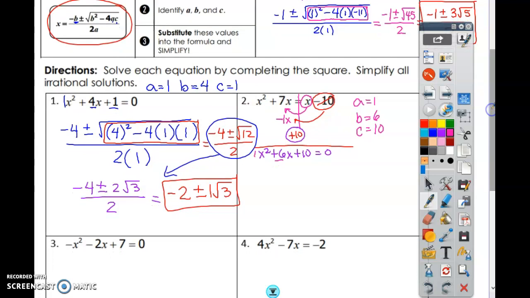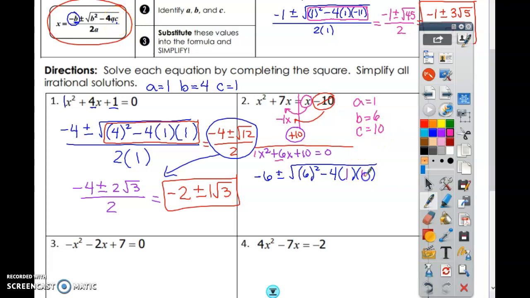There's my formula right there. You have it in front of you, the blue sheet. So the negative B goes first. That's negative 6 plus or minus the square root of B squared. That means it's 6 squared minus 4 times A and times C. My A here and here is going to be 1. Okay, and my C is 10 right there.